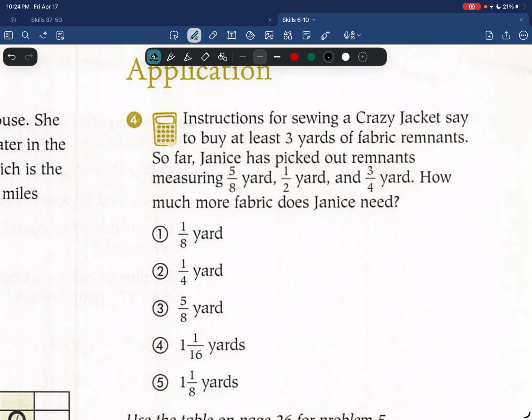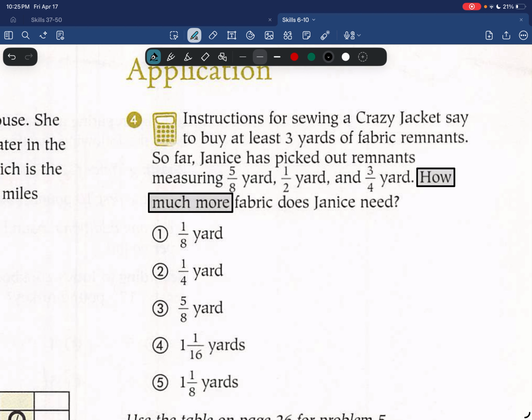So far, Janice has picked out remnants measuring 5/8 yard, 1/2 yard, and 3/4 yard. How much more? That's one of the most important phrases in all of math. It means subtract. How much more fabric does Janice need?